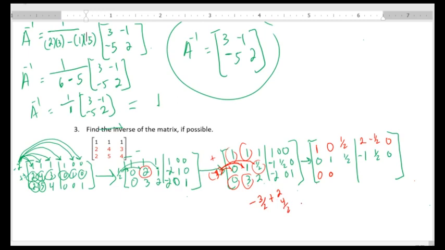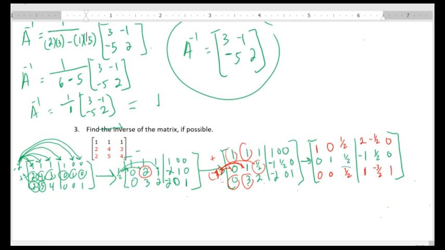So that's going to give us a half. And -3 times -1 is +3, plus a -2 is 1. -3 times a half is -3 halves, plus 0 is -3 halves. -3 times 0 is 0, plus 1 is 1.